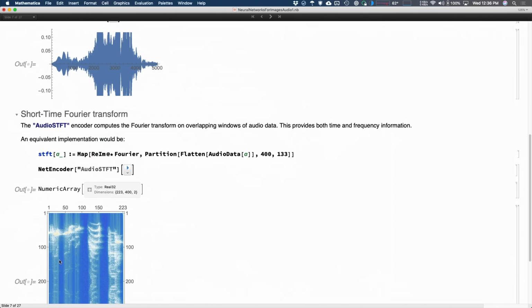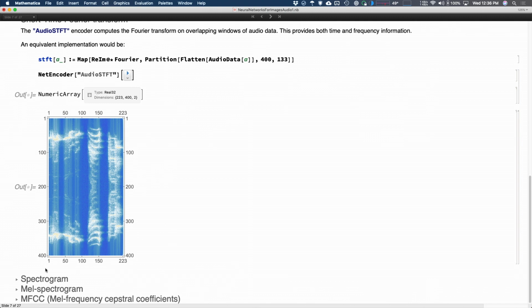Another encoder is the short-time Fourier transform. This partitions the signal and computes a Fourier transform on each of the partitions. So you get a two-dimensional signal that intrinsically contains both time and frequency information. And you can reconstruct perfectly a signal if you have the full short-time Fourier transform.